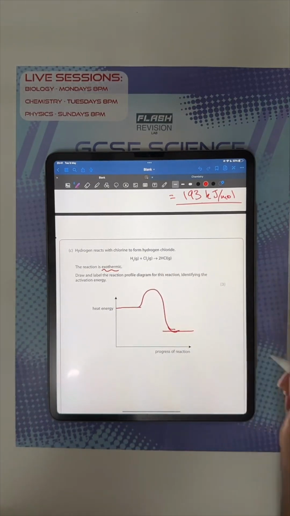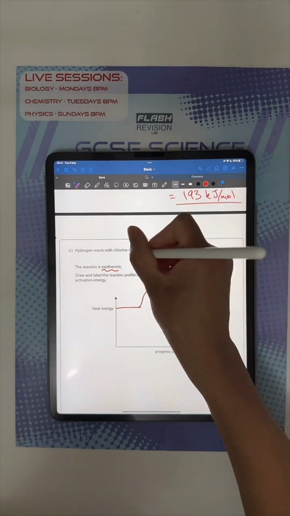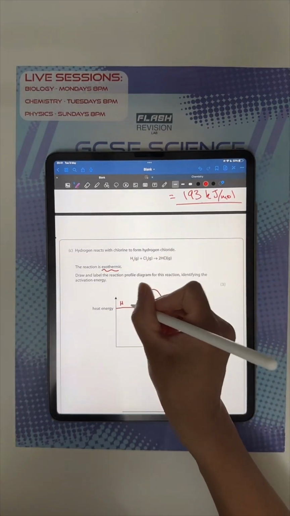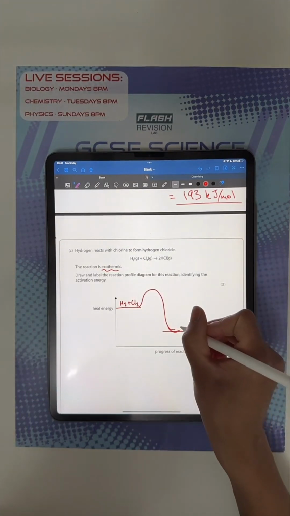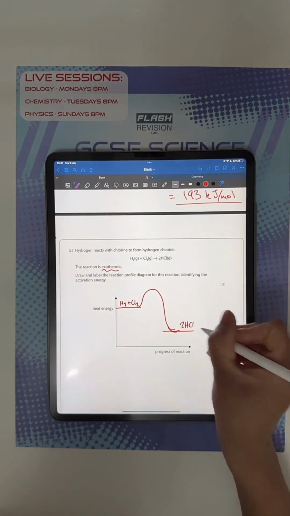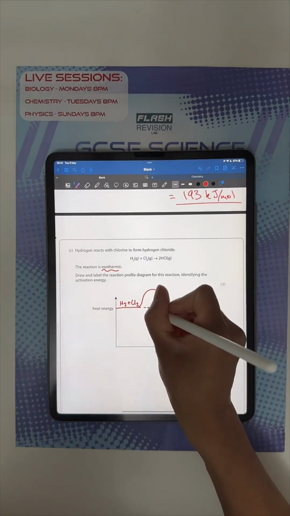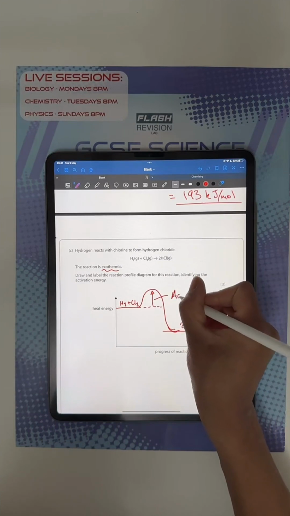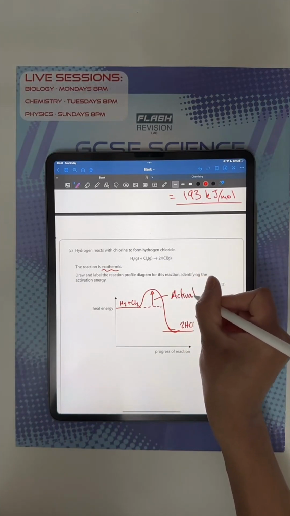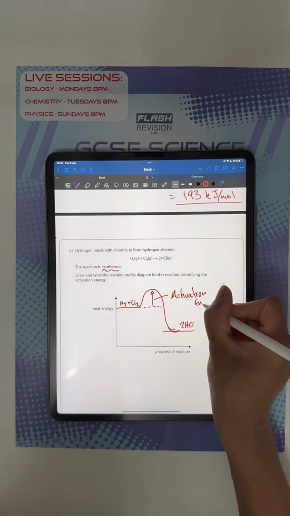Make the line go all the way to the bottom. Label the reactants and products, and then the activation energy.